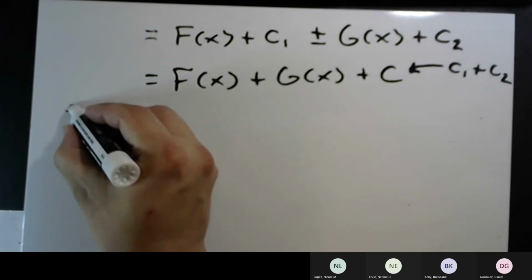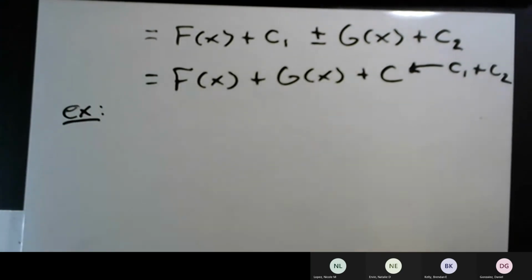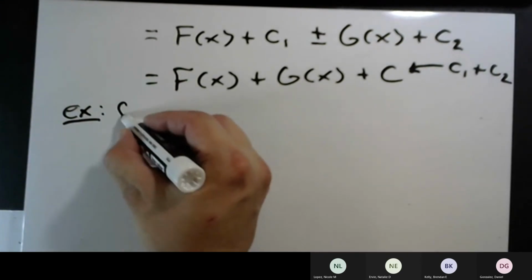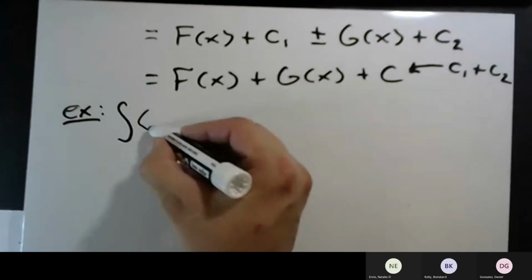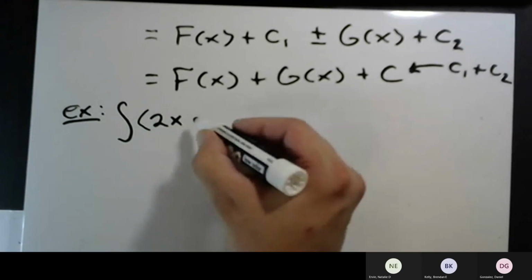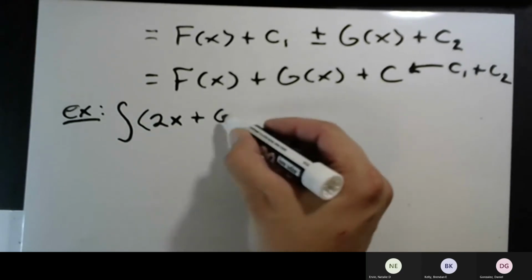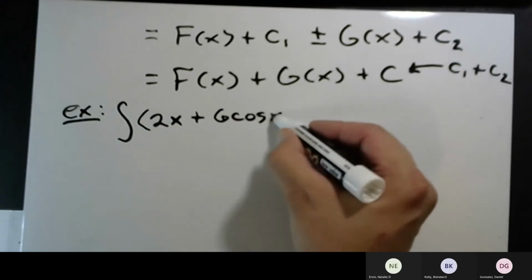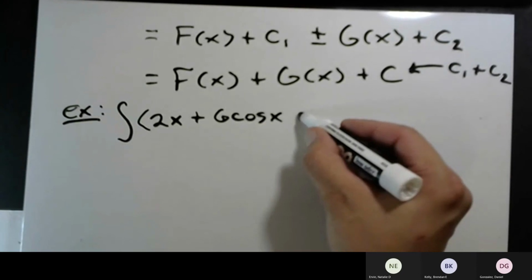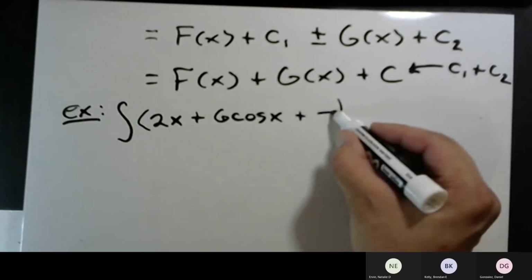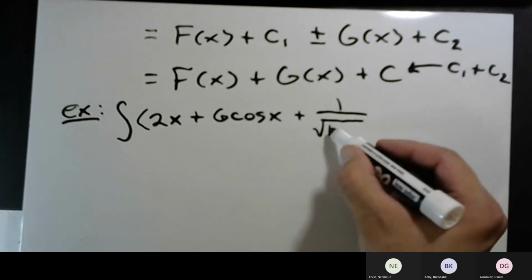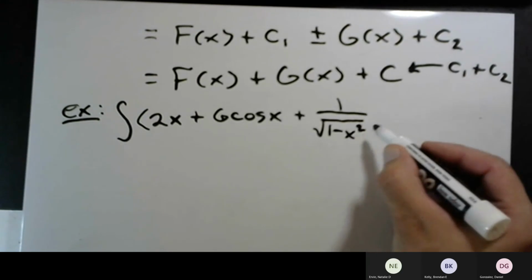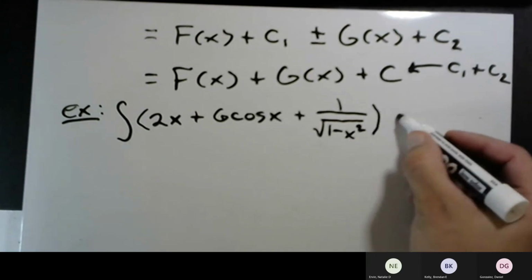So let me do an example with these. Let's find the antiderivative of 2x plus 6 cosine of x plus 1 over square root 1 minus x squared dx.